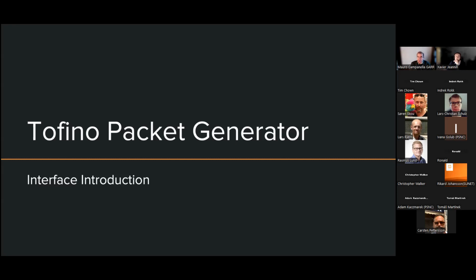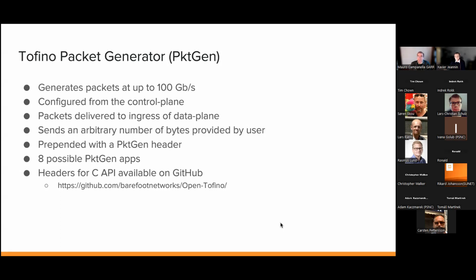So using P4, you can externally program and then upload the program to the switch itself, which will run it at line speed. The idea of these packet generators is that they should be able to generate packets with the framing and the headers you want, up to 100 gig.